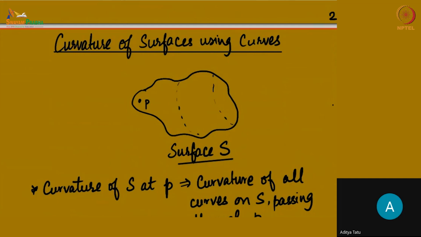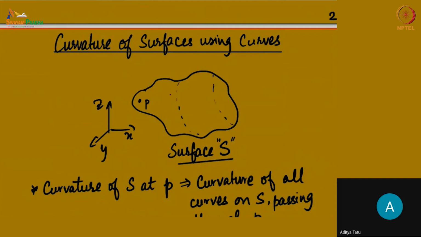Okay, so let's say this is a surface in 3D, X, Y, and Z. Let's take any arbitrary point P on this surface that I am denoting with capital S. Now, as you can see, I can draw several curves on this surface.